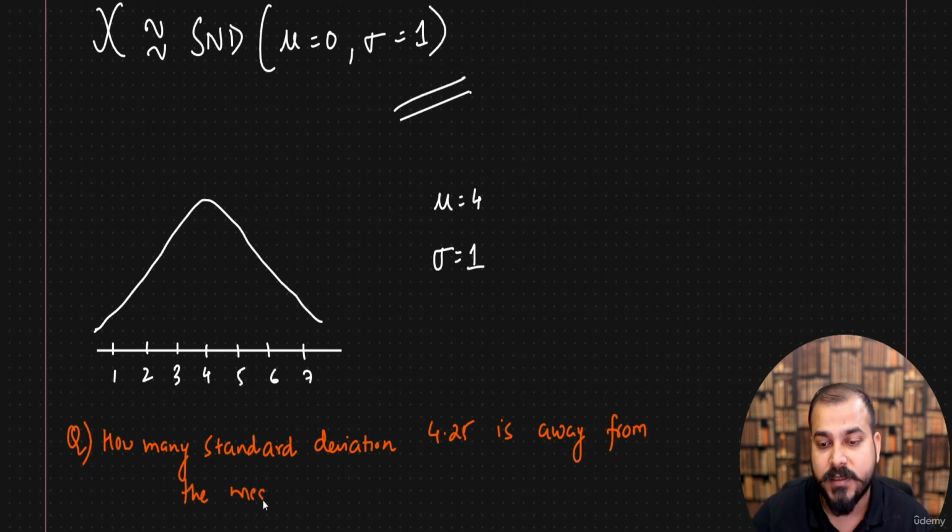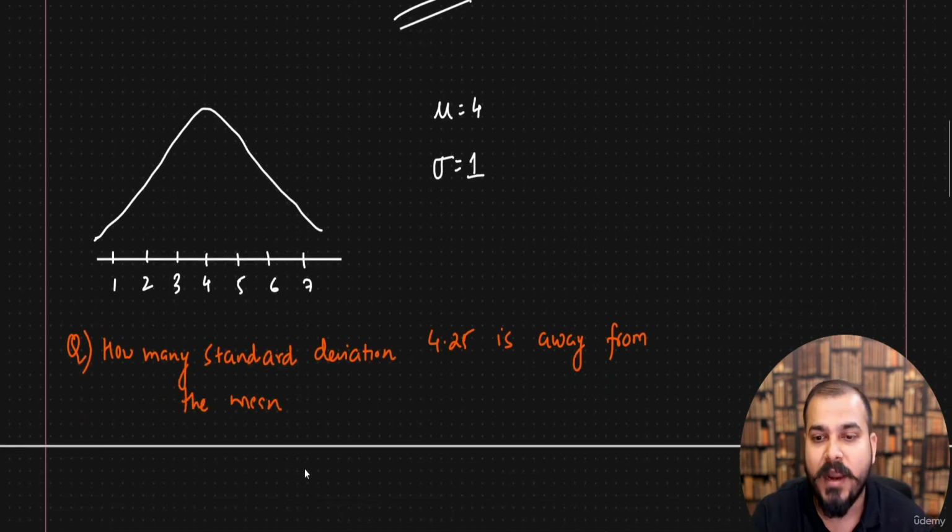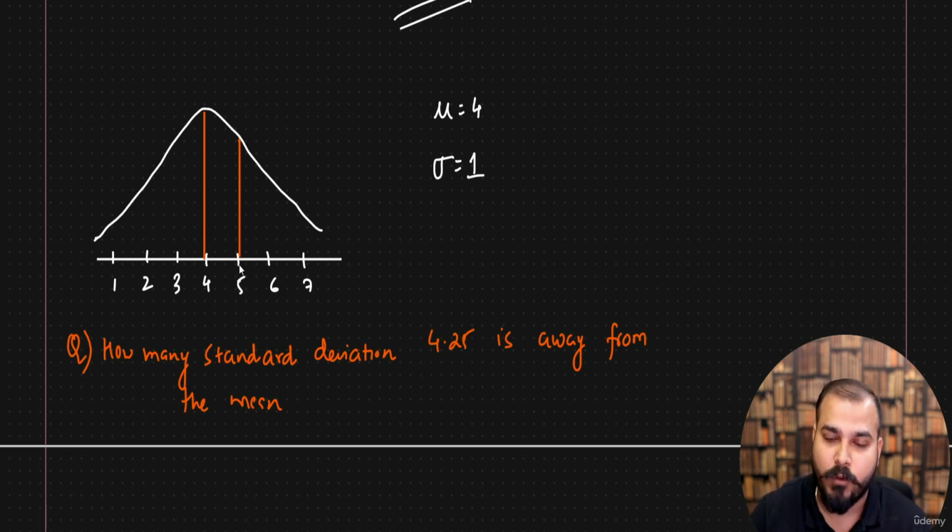So if this is a specific question that I get, where does 4.25 fall? If this is my mean and this is 5, then 4.25 will fall somewhere here, right? So how do I find out how many standard deviations 4.25 is away from the mean, that is 4?